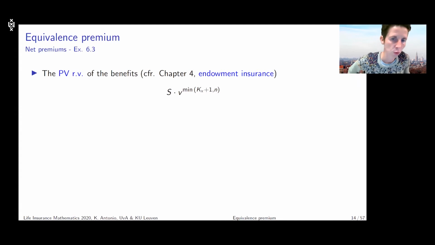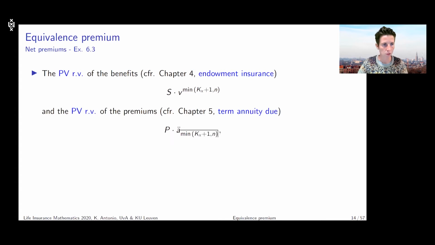So we've got v to the power of the minimum of Kx plus 1 and n. Of course, here we don't have an insured amount of €1. We've got the insured amount equal to S. So this gives me the present value random variable. This is nothing new. This is what we learned in chapter 4.